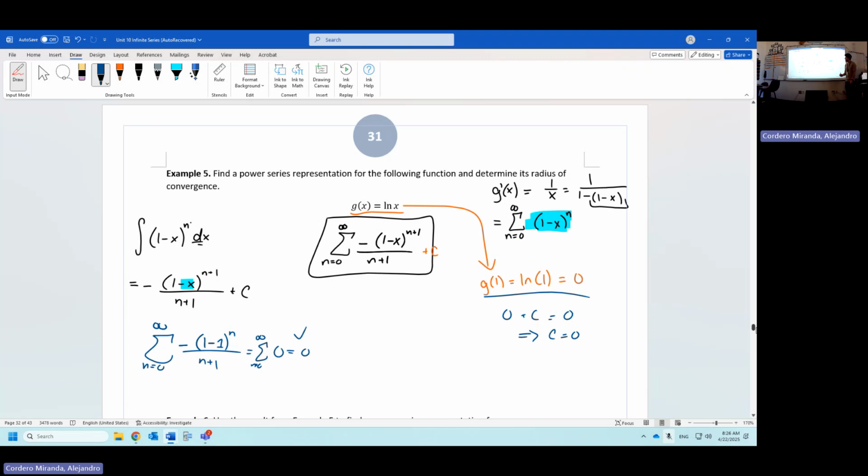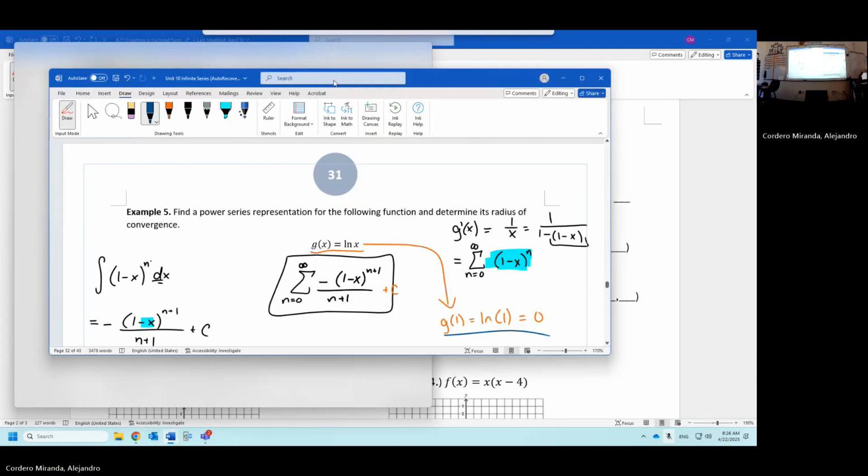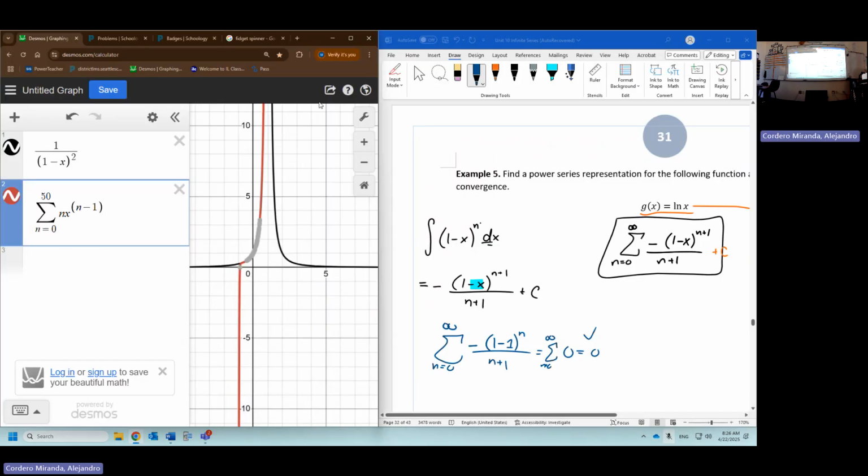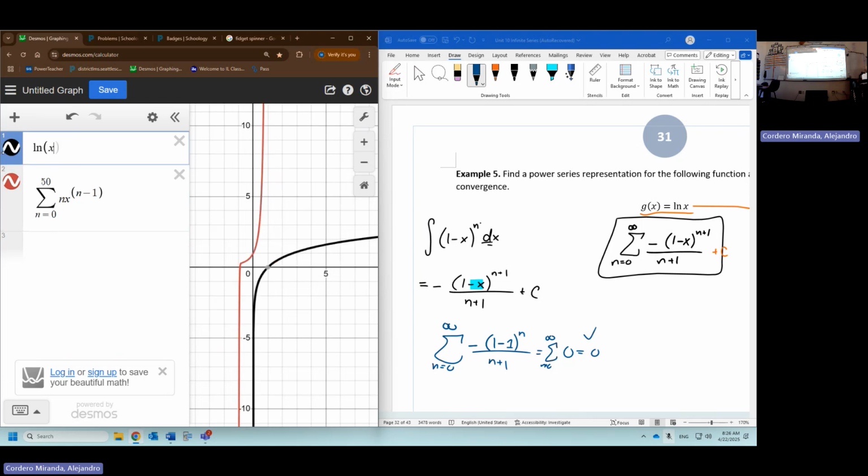All right. Well, here's us checking how well our thing fits. The internet will tell you something different, but equivalent. So here is natural log of x, trying to match that black function.